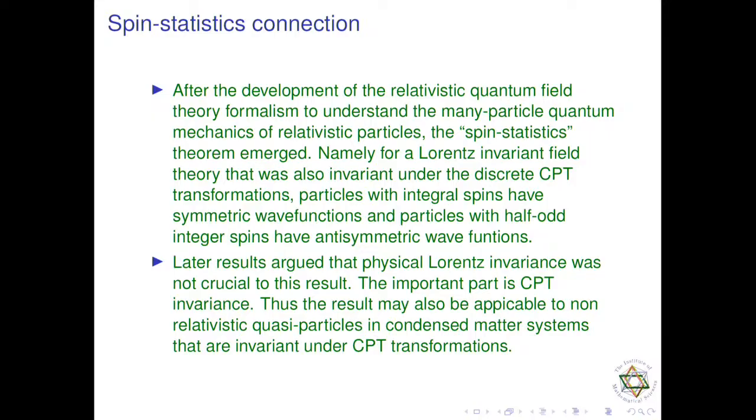So this was within the framework of a Lorentz invariant, CPT invariant theory. Later on it was realized that Lorentz invariance is not so important; CPT invariance is the important thing. So even quasi-particles in condensed matter can be expected to follow this theorem, provided the theory is CPT invariant.